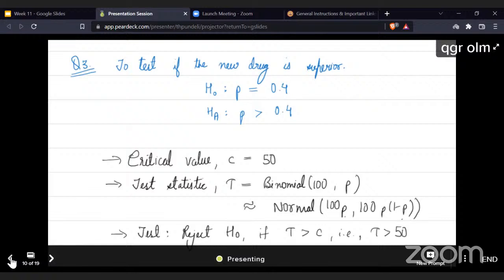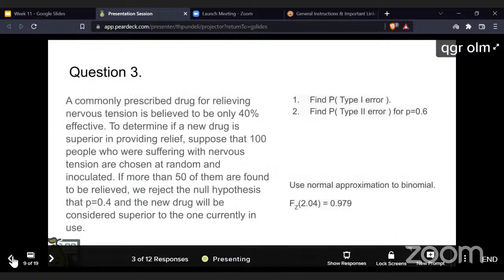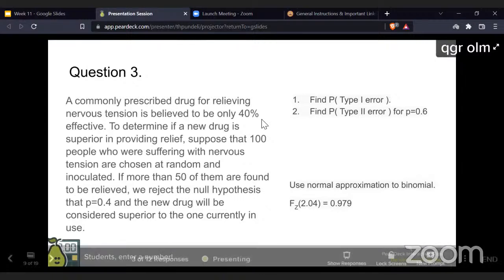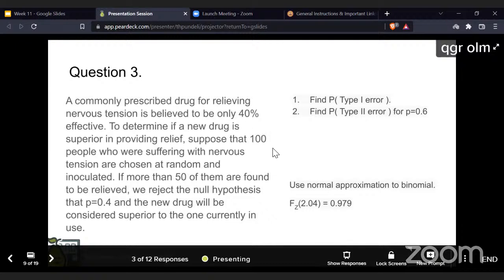Ma'am, isn't this P? This is P only, because out of 100 you're saying more than 50. So if it is 50, basically you want to check if P is greater than 0.5. That is nothing but P.